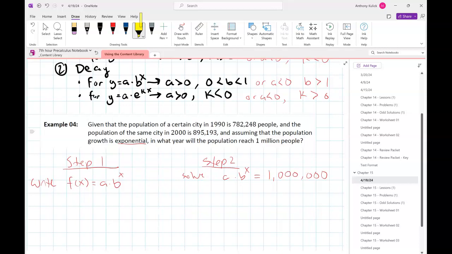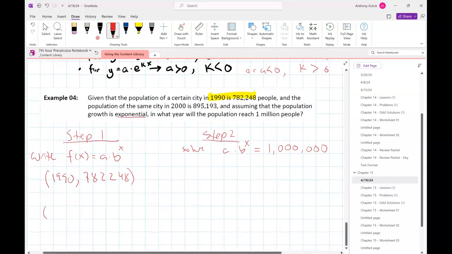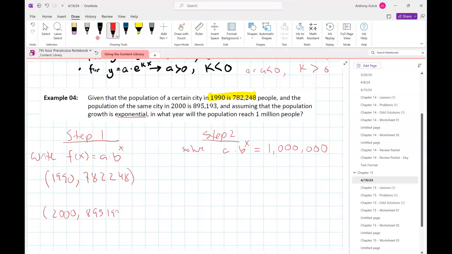Everybody agree? Okay. So when I look at this, I see a point, 1990, 782,248. And when I look at the other piece of information, I see the point 2000, 895,193.